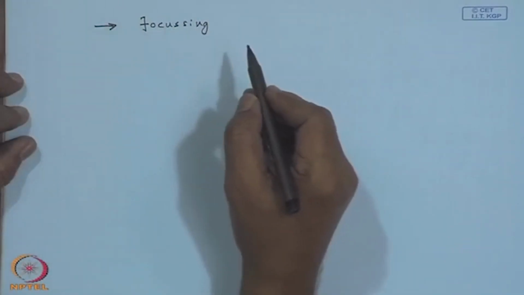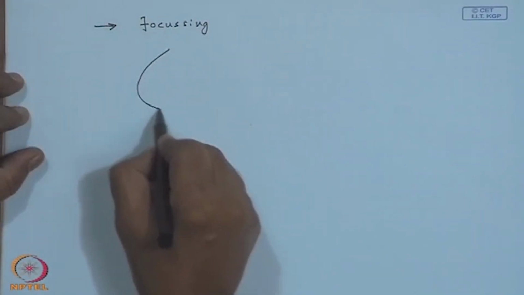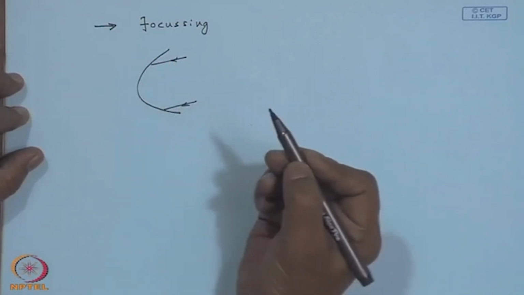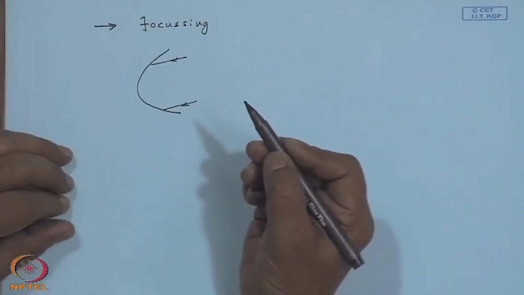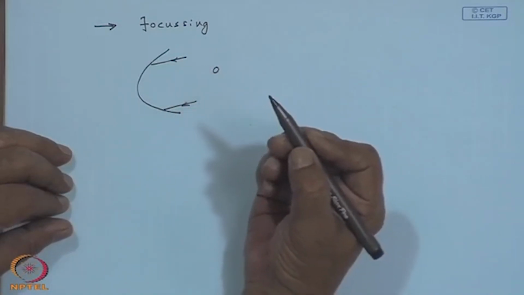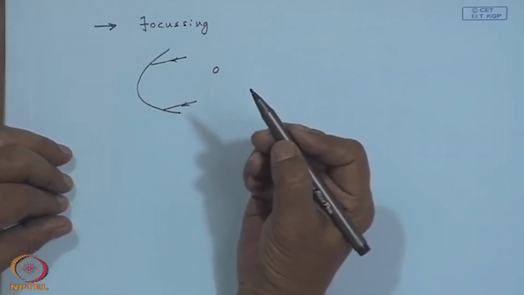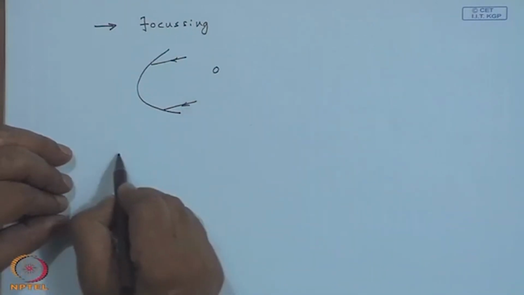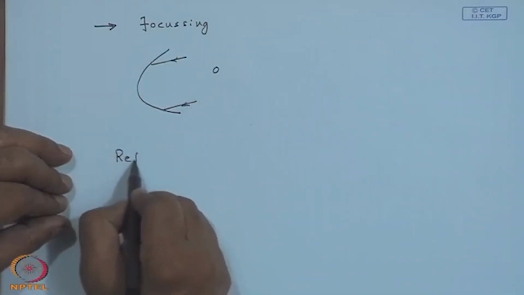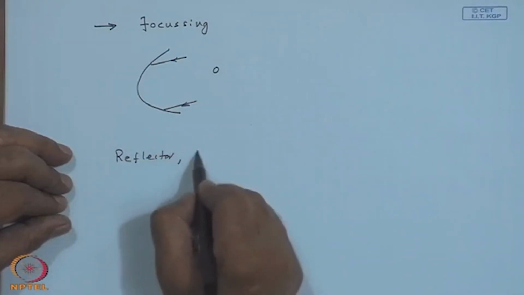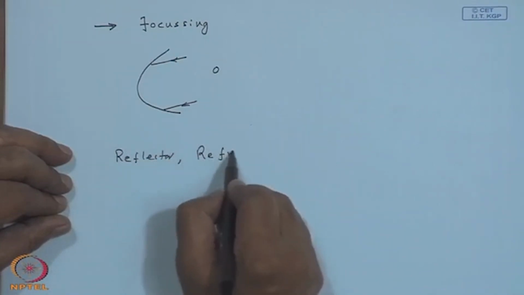So, the solar radiation that is coming onto this parabolic reflector should be always parallel to its axis, otherwise it will not be concentrated at the receiver where it is kept at the focal point. This also can be done with a reflector as we have discussed or with a refractor.